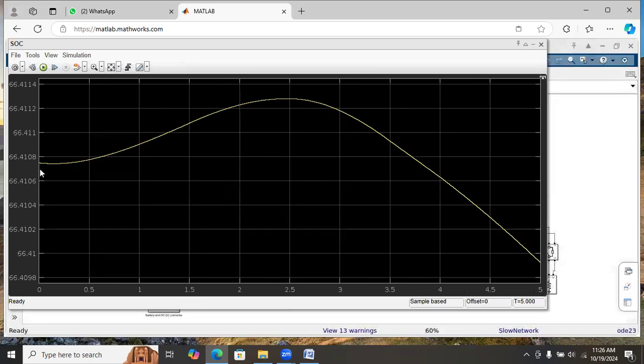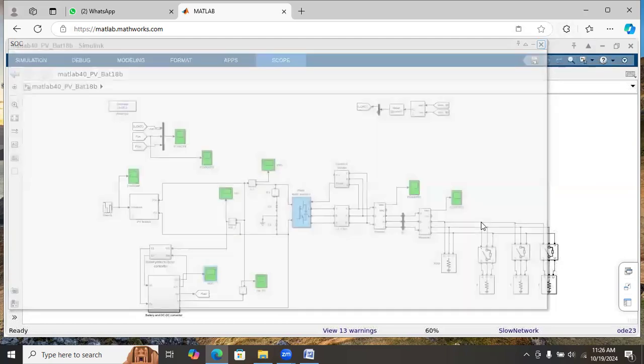Initially, it is around 66.4%. It is increased until 2.5 seconds. After 2.5 seconds, the battery starts to discharge and the SOC starts to decrease here. The amount of charge present in the battery is decreasing as it is discharging.